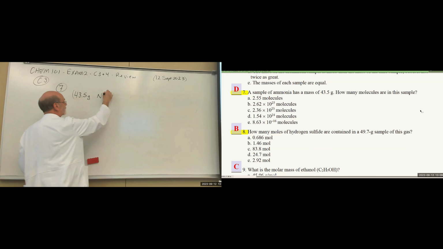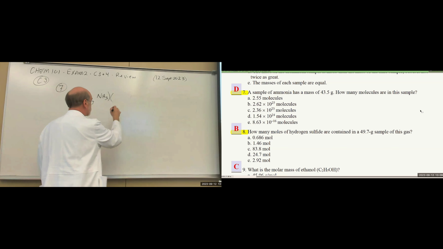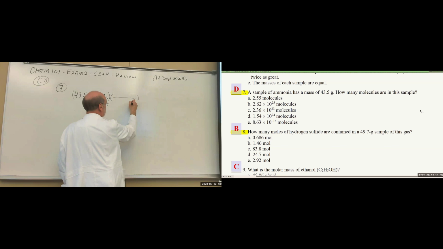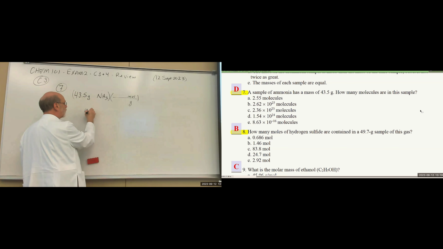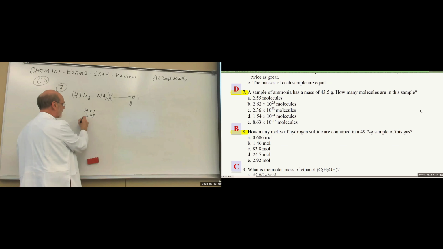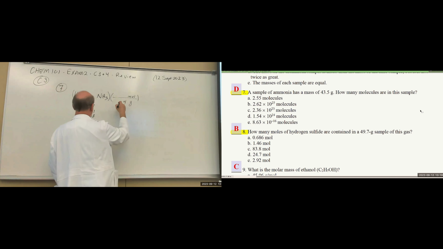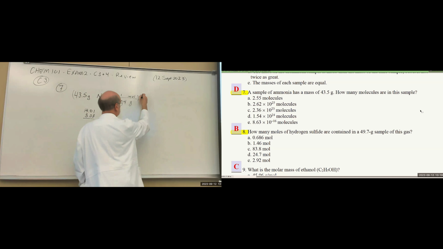And so if we convert that, we need to bridge the gap again. And the gap is bridged by molar mass. So ammonia is 14.01 for the nitrogen, and 3.03 for the hydrogens, right? 3 times 1.01. And so we have 17.04 grams per mole.